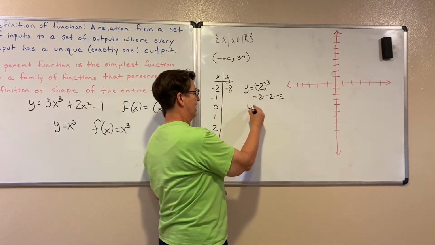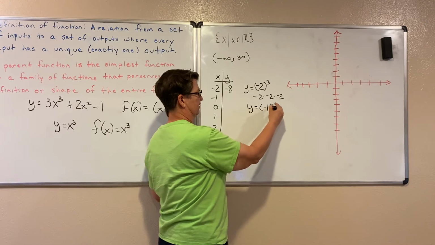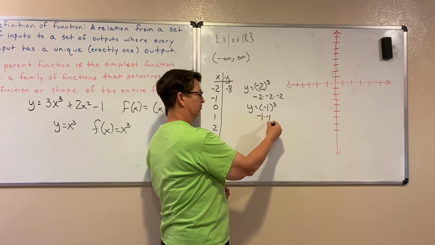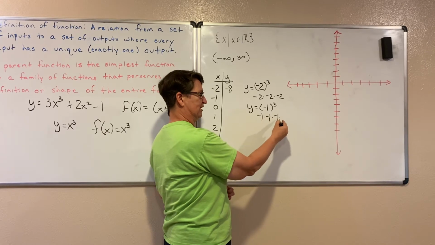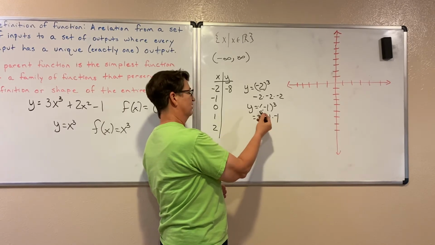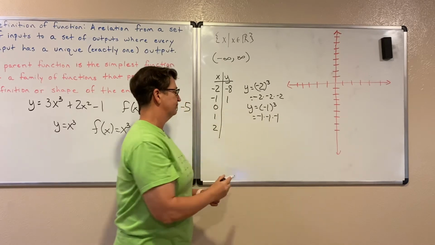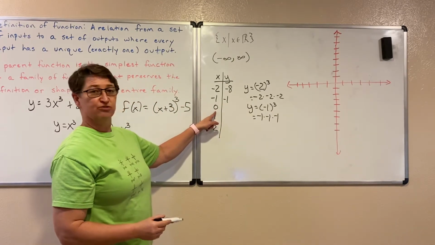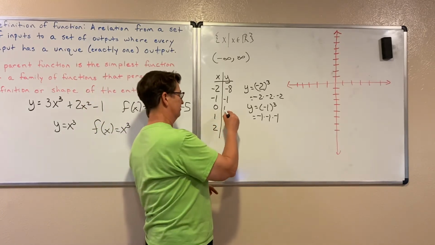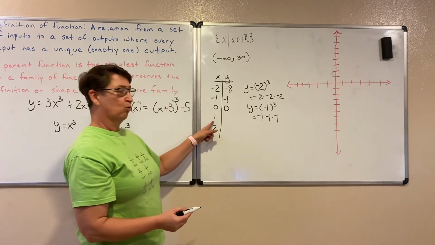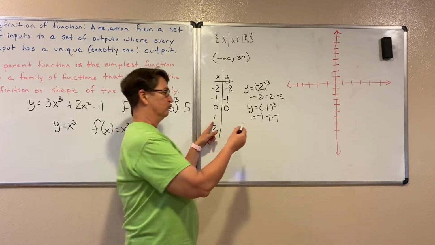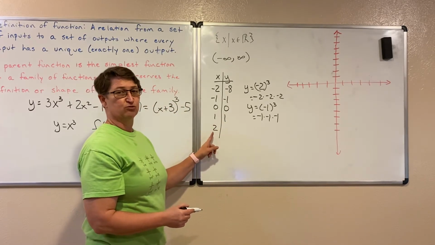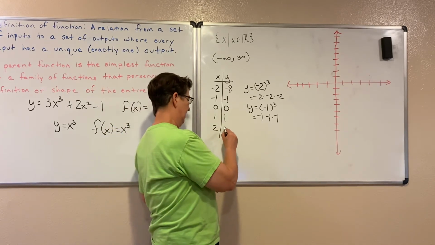If I put in -1 for x, I have that same situation: negative times negative is positive, times negative makes that negative, and 1 times 1 times 1 is 1, but it's negative 1. If I put in 0, 0 times 0 times 0 is 0. If I put in 1 for x, I get 1 times 1 times 1, which is 1. And if I put in 2 for x, I get 2 times 2 times 2, which is 8.